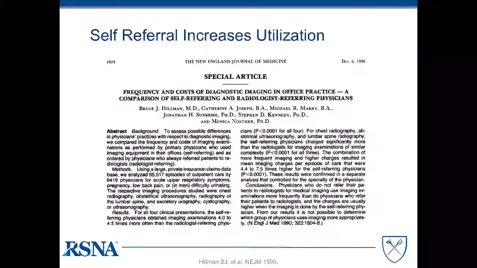In an earlier module, highlighting some of the perverse incentives of the fee-for-service payment system, we discussed self-referral. The hallmark study that I cited to you was published by Dr. Bruce Hillman in the New England Journal of Medicine in 1990. Analyzing claims for over 65,000 episodes of outpatient care from a large private insurance claims database, he found that physicians who do not refer their patients to radiologists for medical imaging use imaging examinations more frequently than do physicians who refer their patients to radiologists.